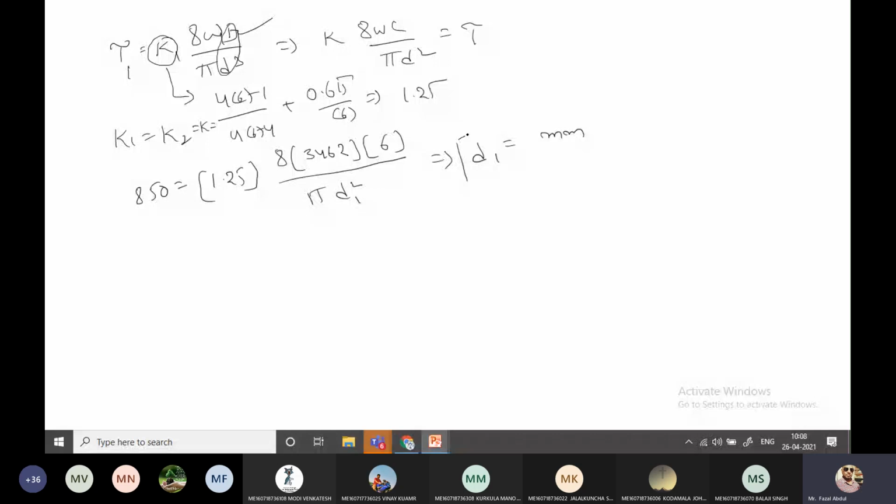Now tell me the d1 value, how much? Do it fast, Babu. Only one person is interacting with the class. The rest of the people, I don't know where they are listening to the class. 8.8. How much, Amma? 8.8.